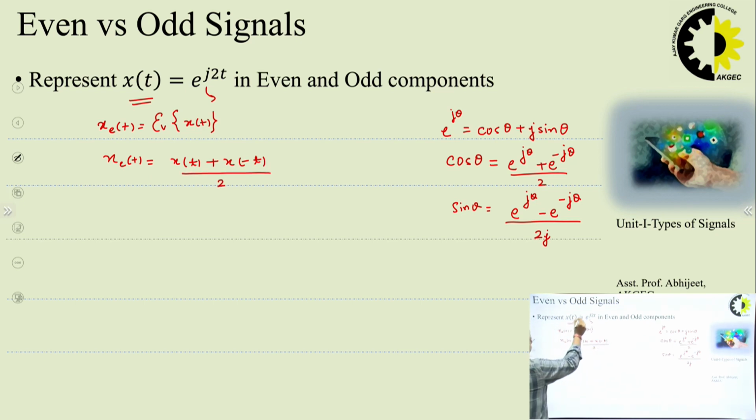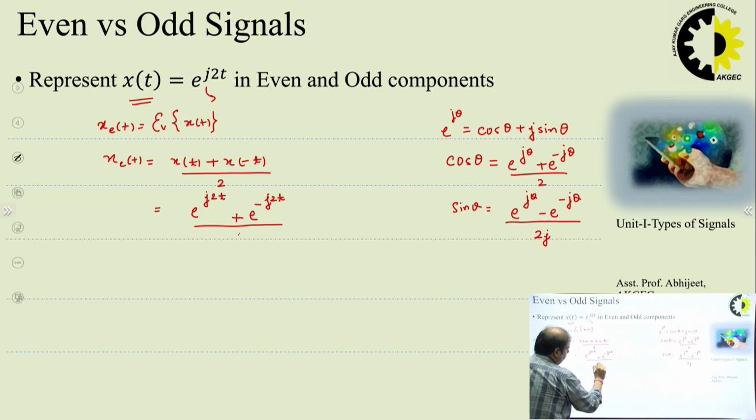Now looking at the definition of x of t, we can just substitute here. This then becomes e raised to the power j 2t plus e raised to the power minus j 2t by 2. So this is the even component of the signal e raised to the power j 2t.